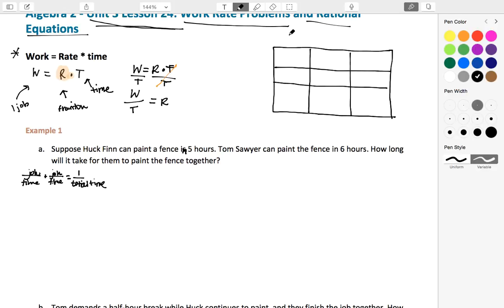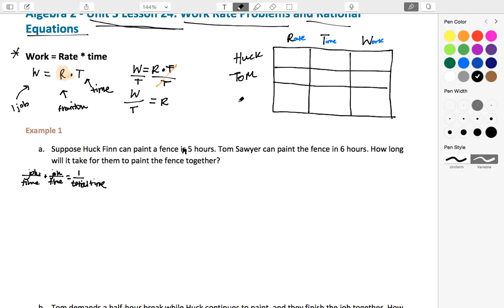So here we can say this is rate, and this is time, and this is work, right? So I'll make this, this is work, this is time, and this is rate. Okay, so we have 2 characters. We have Huck, and we have Tom.